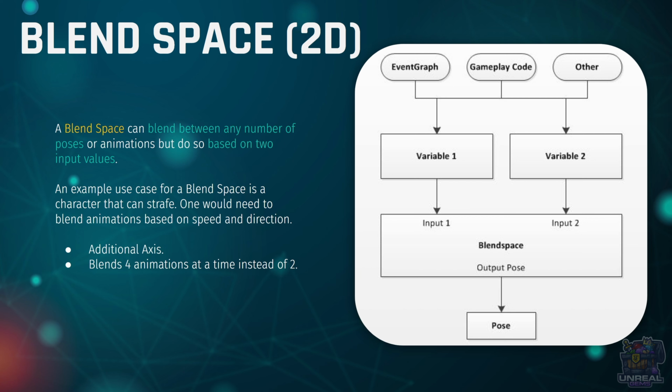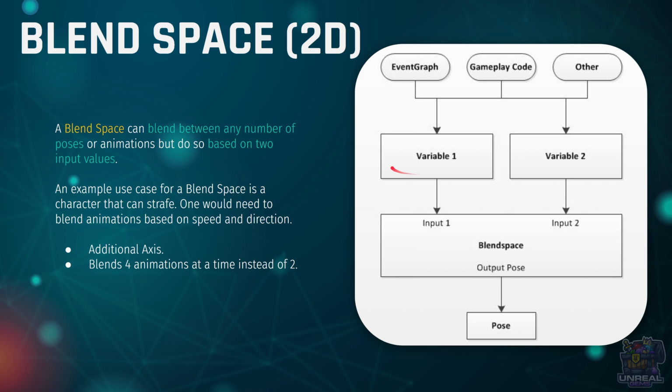So it is quite simple if you already understood blend spaces 1D, but let's take a look at an overview graph. We have variables, two in this case, which are going to fit the blend space. In the 1D case, we would scratch the second variable and the blend space just uses the first variable. We can take a look at them in the typical example of a character that can strafe.